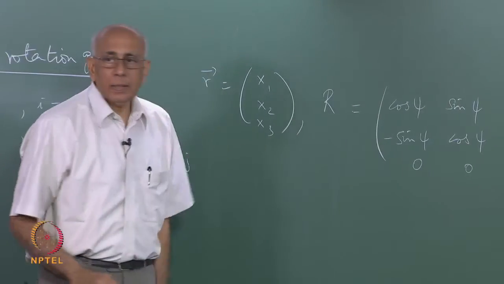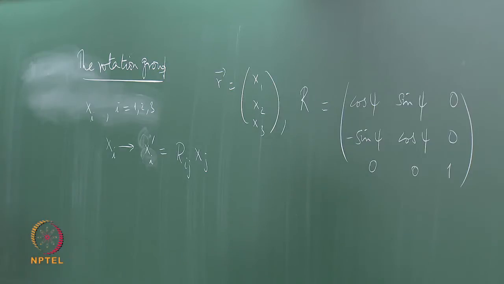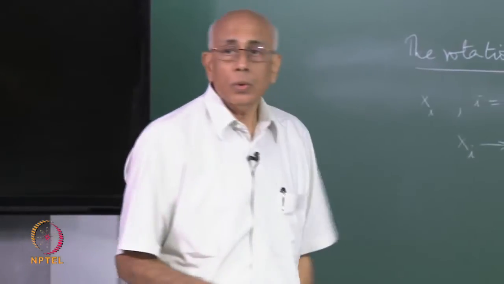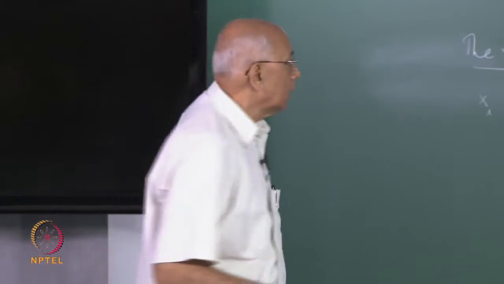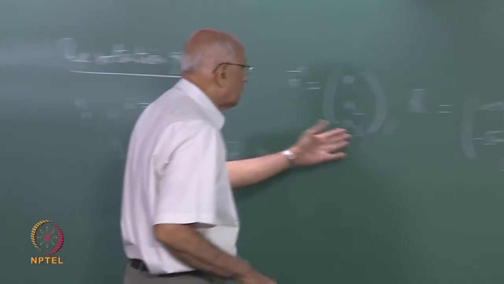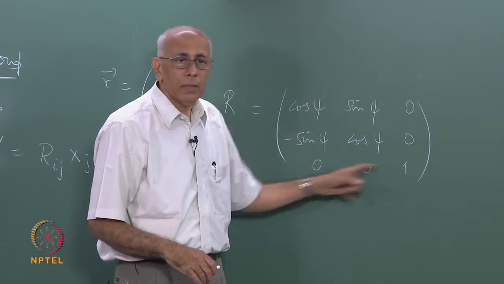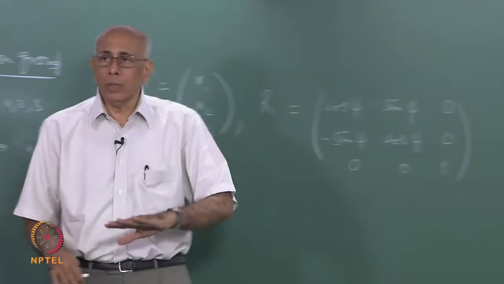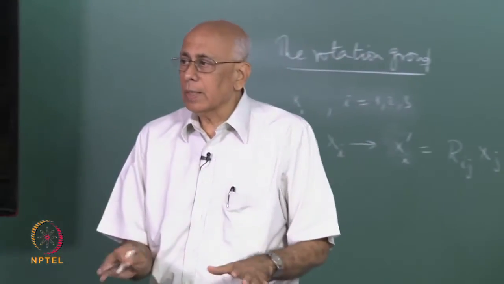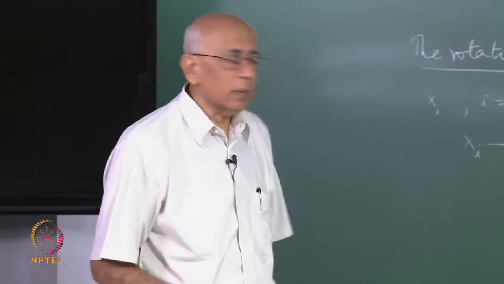So, that is the matrix which determines what linear combination the new coordinates are of the old coordinates. And since the x3 axis is untouched, all points on it remain where they were originally. You have a 1 here and zeros here, ensuring that only the x and y coordinates get mixed up with each other.